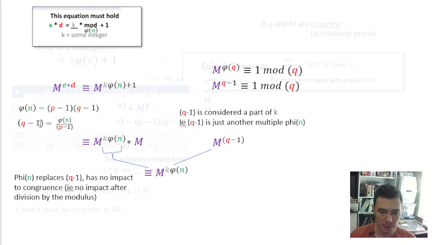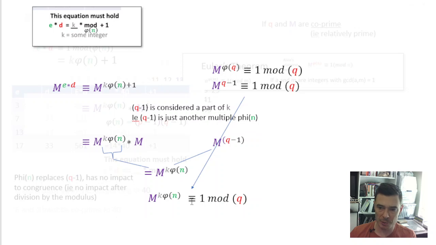Q minus 1 is just another divisor of phi of n, or it can also be considered another multiple of phi of n, but it's not going to change the congruence. So we can take out the Q minus 1 and just call it phi of n, and we can do that because it has no impact on the overall congruence of this equation. So we can trace this down on both sides, and we're going to arrive at the same answer, which is what this is right here.